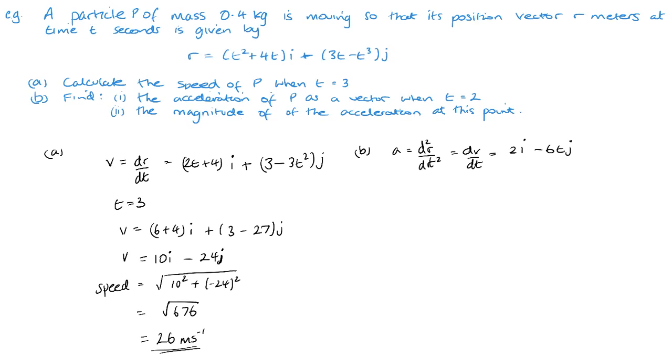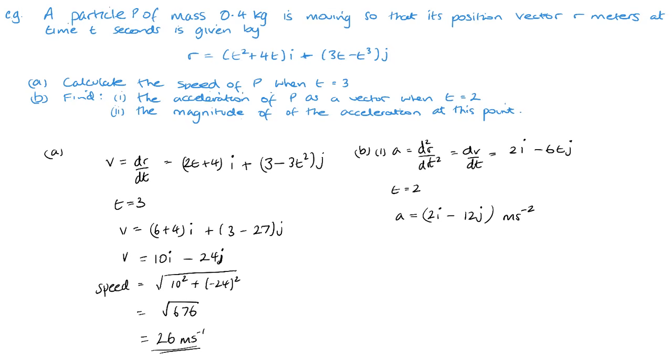So that is now my acceleration. We've got to find the acceleration when t equals 2. When t equals 2, this is going to be 2i minus 12j meters per second squared.